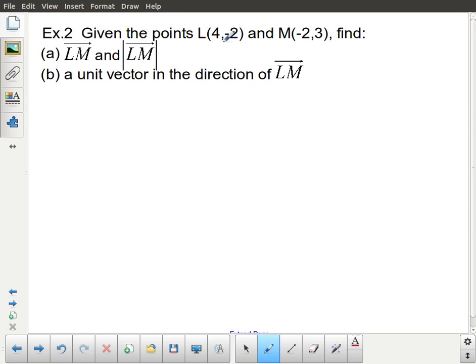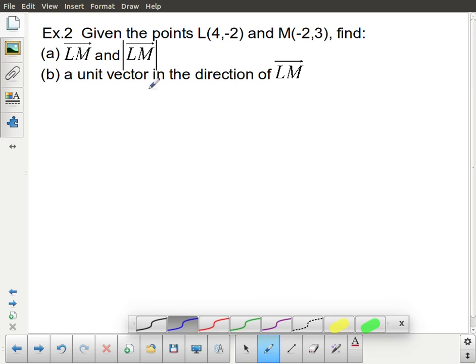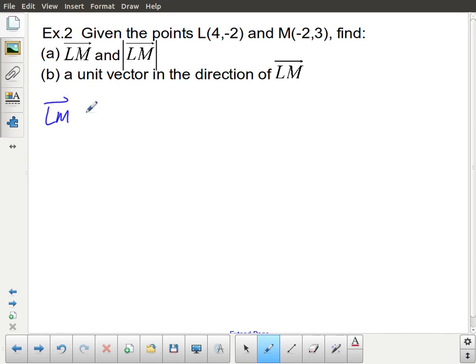So given the points L (4, 2) and M (negative 2, 3), find the vector that connects L and M, find the distance of L and M, and then create a unit vector in the direction of LM. So the first thing we need to remember is that LM is equal to, and if you remember when we did our subtraction, when we did OA minus OD, for example, I mentioned that that was going from D to A. You need to remember that relationship.